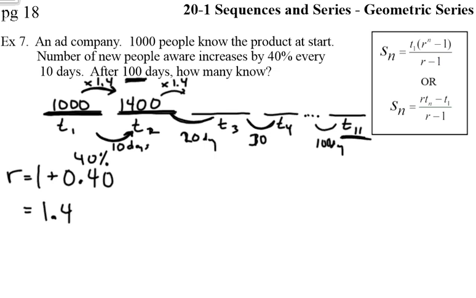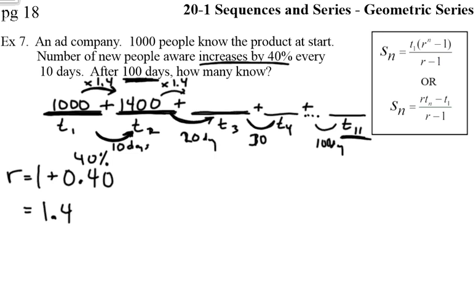And it's not just after 100 days that the number of people increased. So 1,000 people on the first day, and after 10 days, another 1,400. After another 10 days, another so many. I am trying to find the sum of all these.